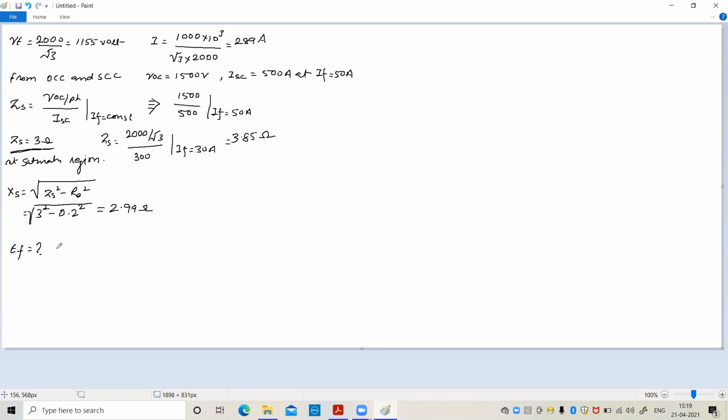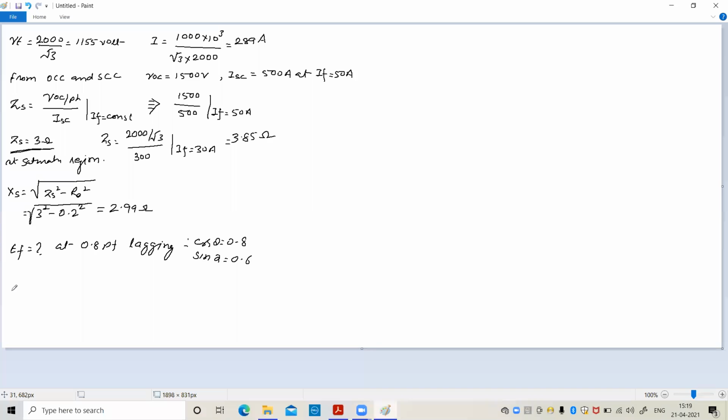Excitation EMF at 0.8 power factor lag. That is, cos theta is equal to 0.8 and sin theta is equal to 0.6.